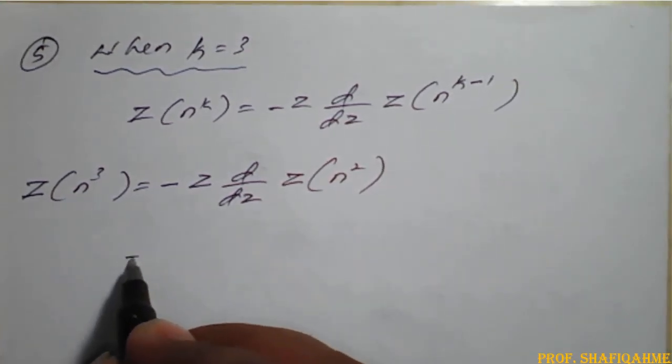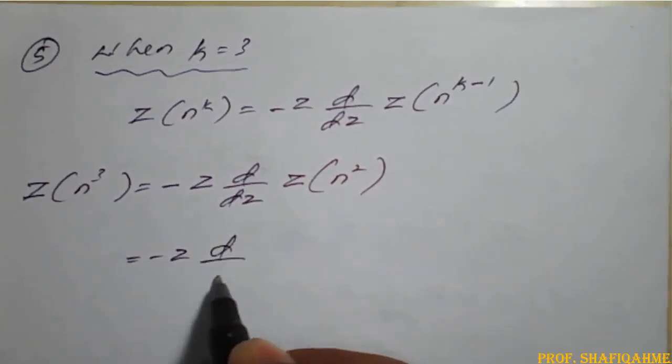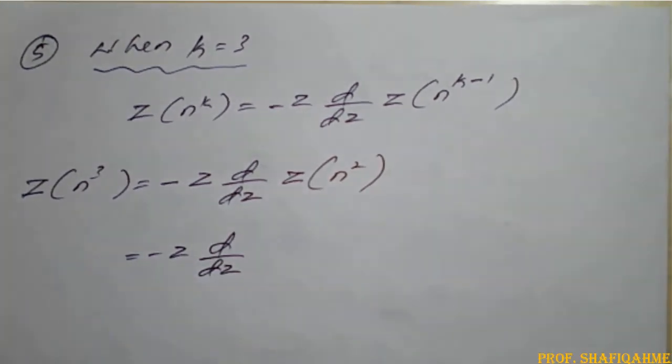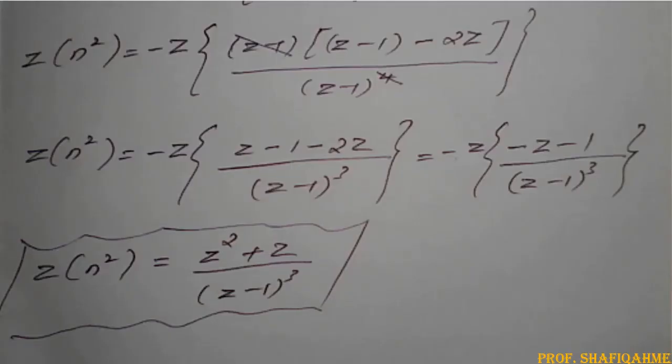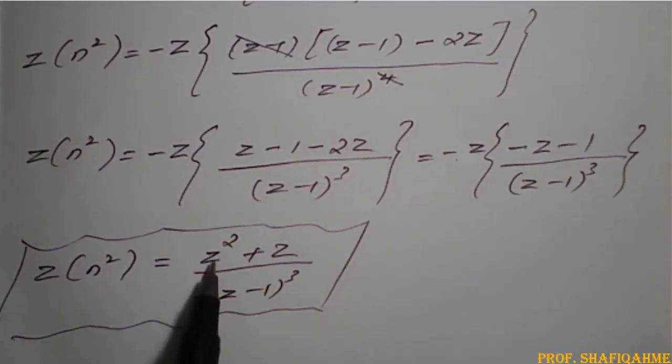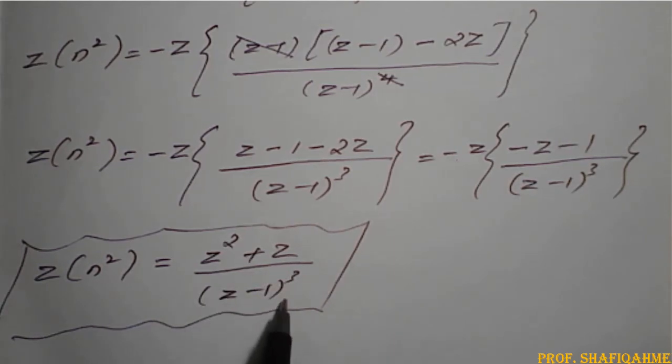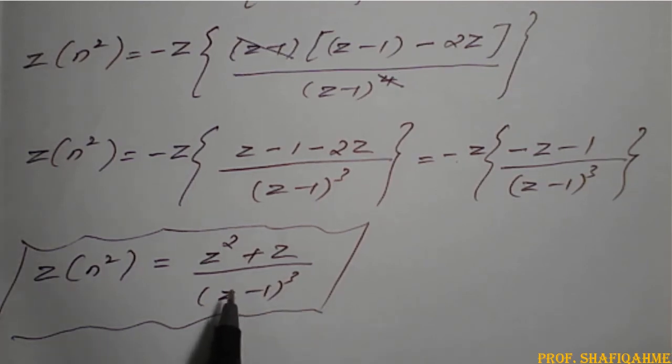So which is nothing but minus z d by dz of, just now we know that z transform of n square is, z transform of n square is what here? Z square plus z whole divided by z minus 1 whole cube. We'll use this standard result of this z transform and we'll simplify that.